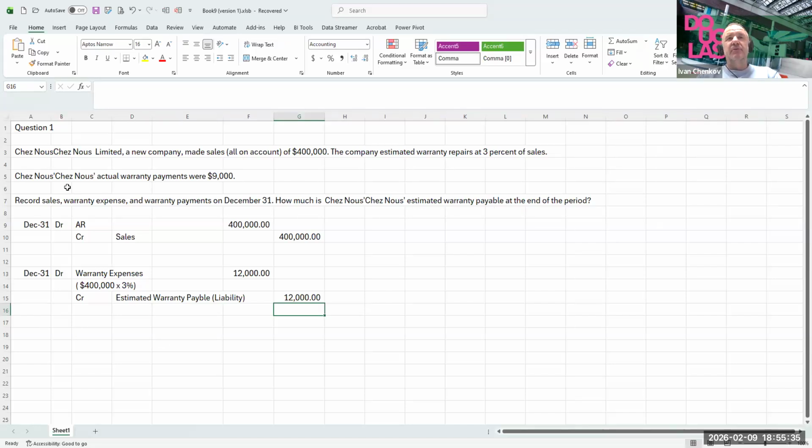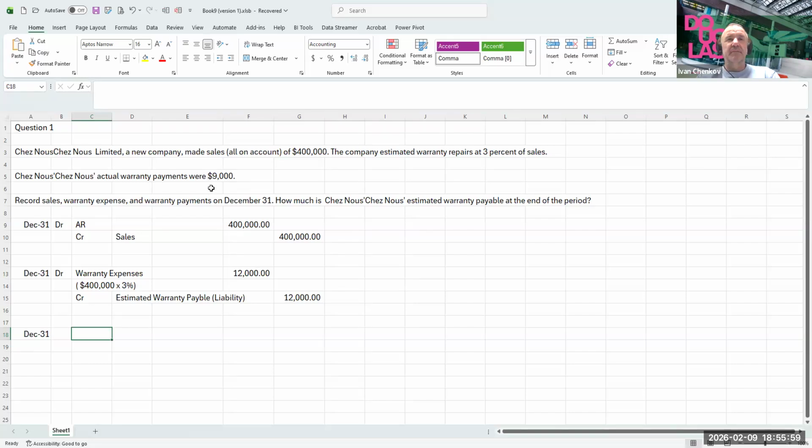Now, the actual payment comes, and the actual payment for the period was 9,000. And for the actual payment, we're gonna use cash directly. So now when a client comes and claims the warranty, we're not gonna do another warranty expense because we already did the warranty expense.